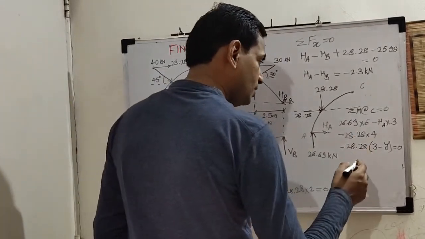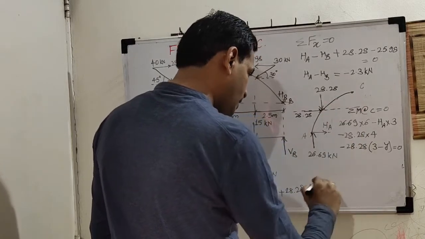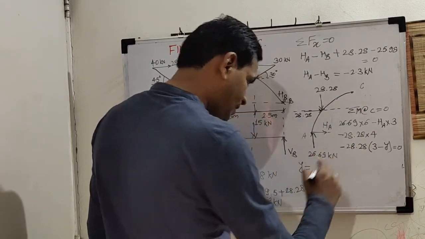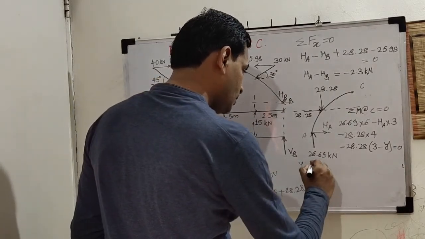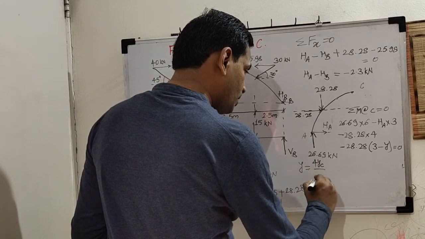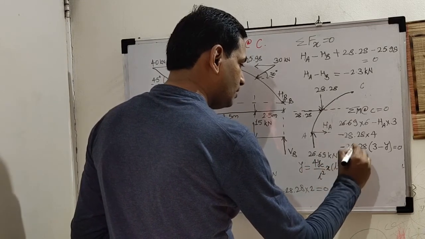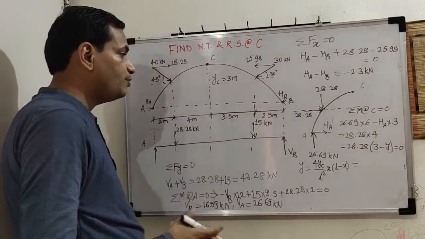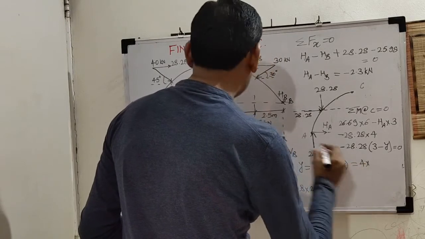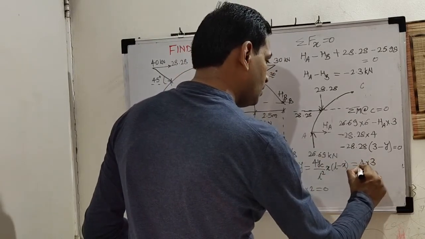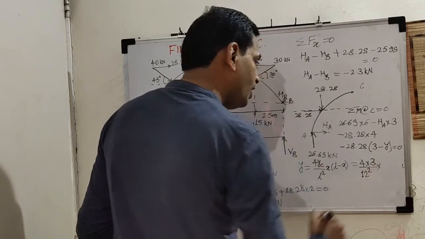I hope you have understood this equation. Our y value is from here to here. This we will find using our derivation of the first session for 3 hinged arches: 4yc upon L square x into L minus x. Substitute the values one by one. 4 into yc, which is 3, upon L, which is 12 meters, so 12 square into x.